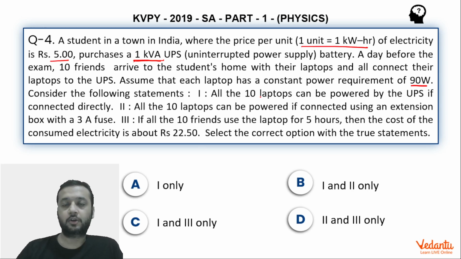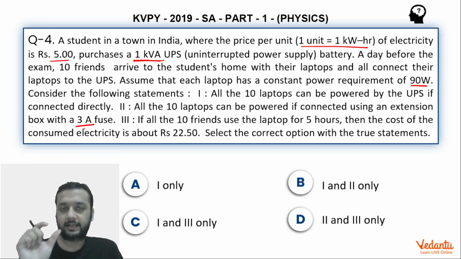First statement is that all the 10 laptops can be powered by UPS. That means will the UPS be sufficient to power all the 10 laptops? Second is that all the 10 laptops can be powered if we use a fuse wire of 3 amperes. That means if we attach a fuse wire of 3 amperes, then will we be able to use all 10 laptops at once, along with the UPS.